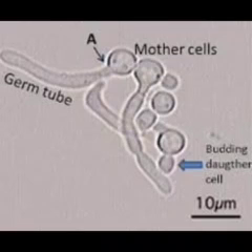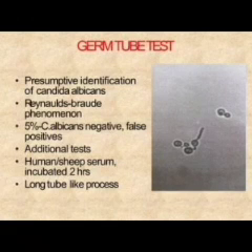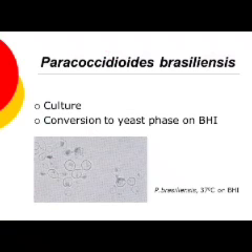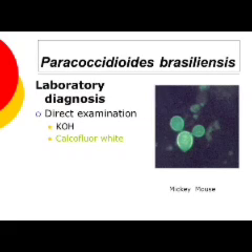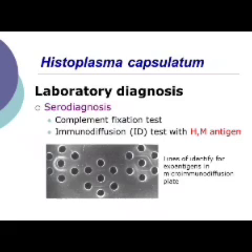Then you have the yeast-like Talaromyces, which do not bud. Talaromyces marneffei, we are talking about hyaline, the penicillium, they do not bud. They have a prominent transverse septum and reproduce by fission.